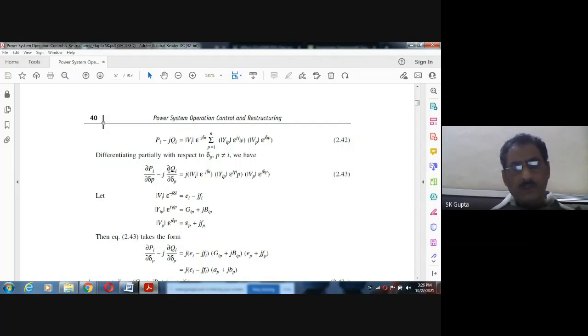Real part can be compared with this, imaginary part will be compared with this, and in this way we can find this and this.